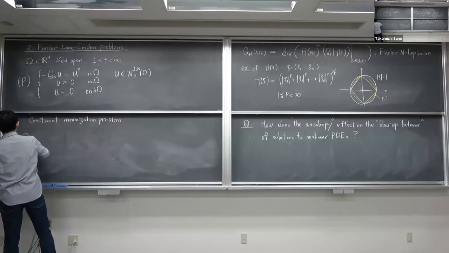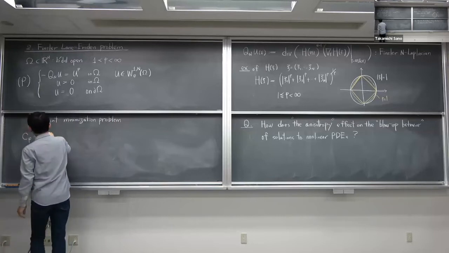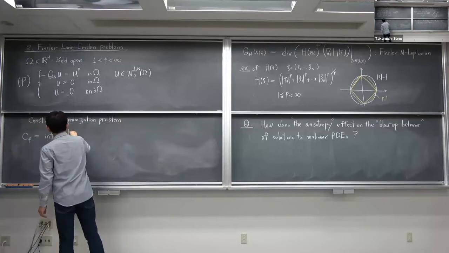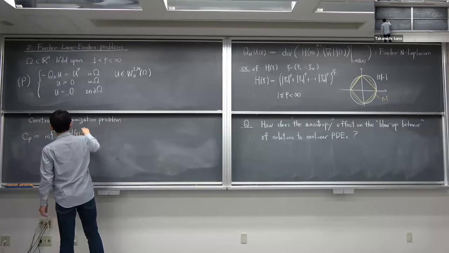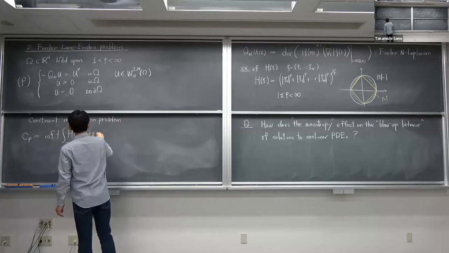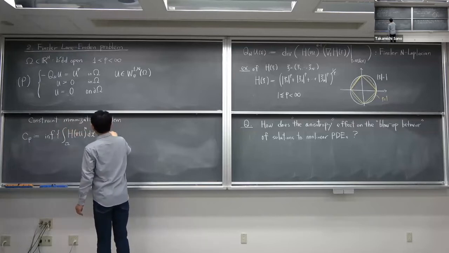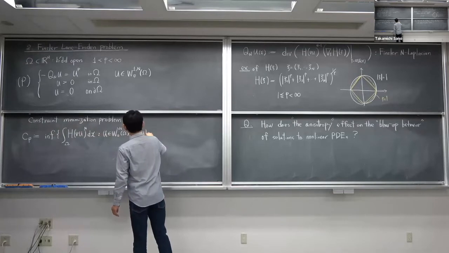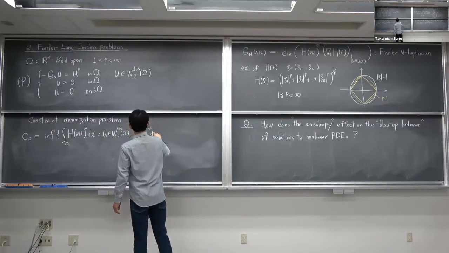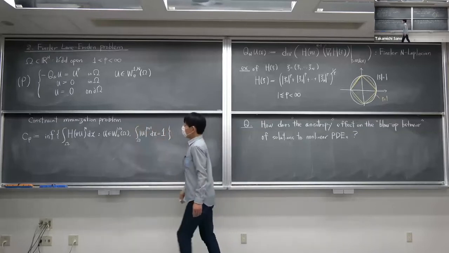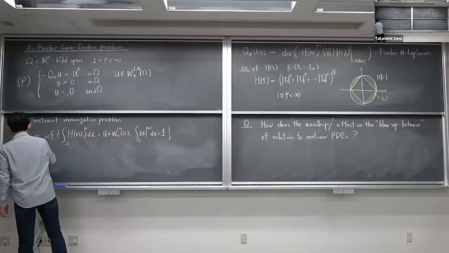Let's define C_p like this: the infimum, where we want to minimize this energy functional, the generalized Dirichlet functional, the integral of H of the gradient of u to the power n dx, subject to the condition that u is a function in W^{1,n}_0 of omega and satisfies this additional constraint.